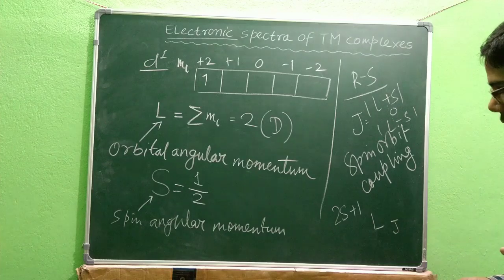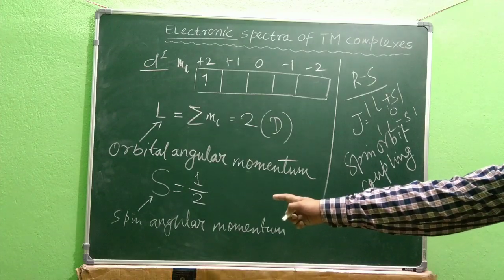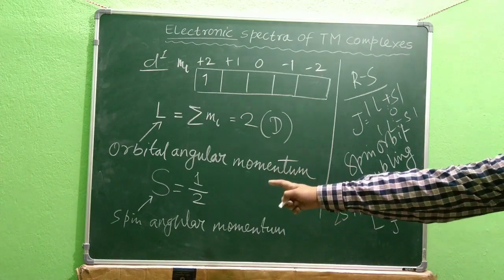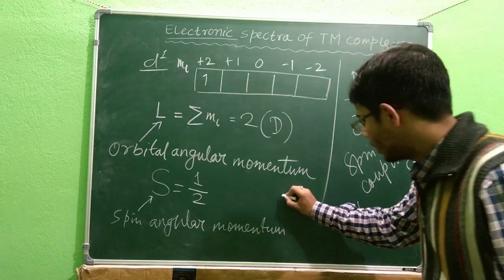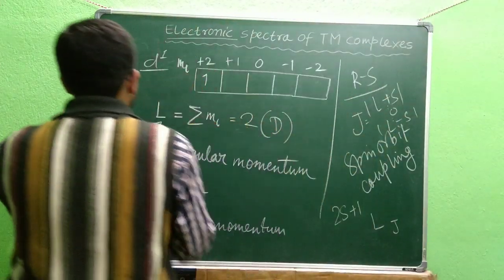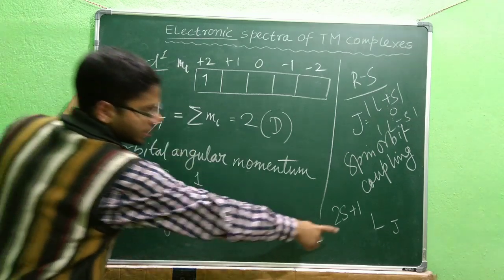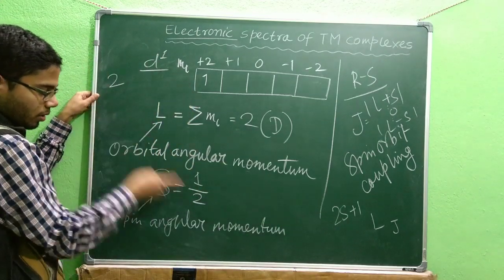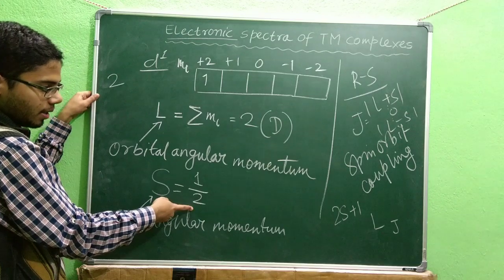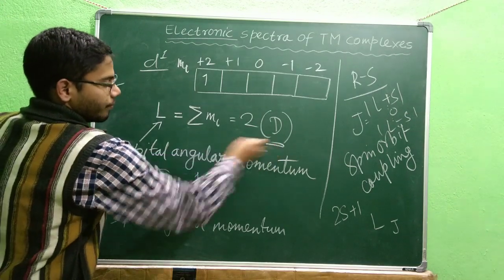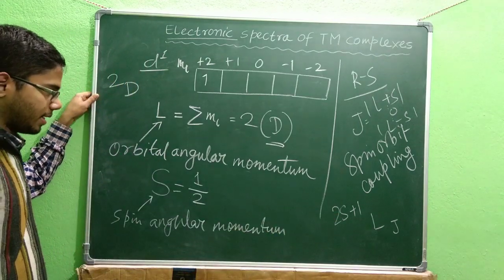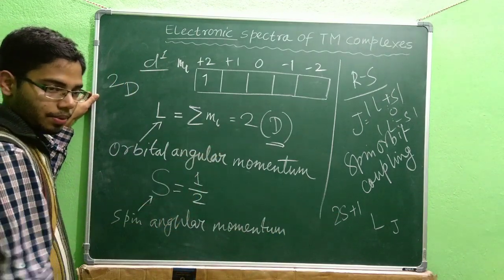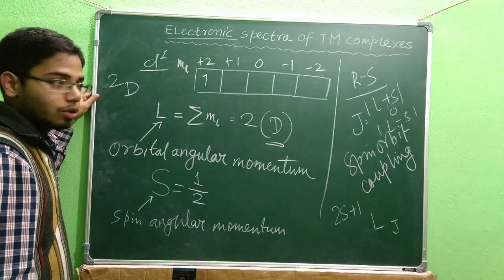I hope it's clear. So what would be the term symbol for this one? 2S plus 1 gives you 2 into 1/2 plus 1, that is 1 plus 1, that is 2. So you will have 2S plus 1 coming as 2, L is your D, and J will be L plus S or L minus S. There are two values.